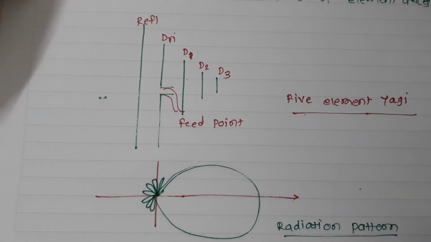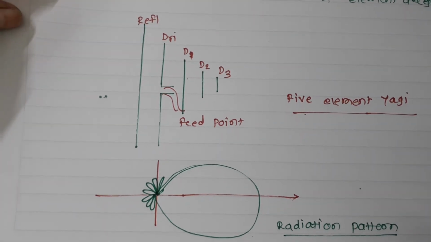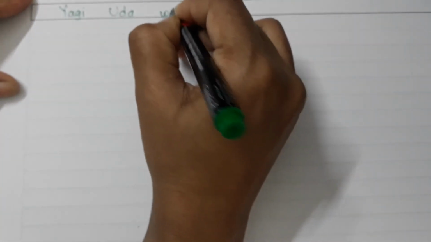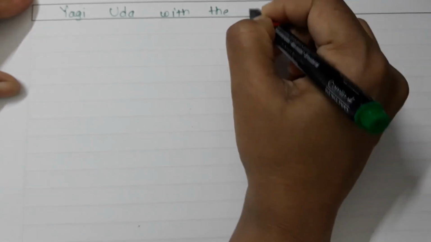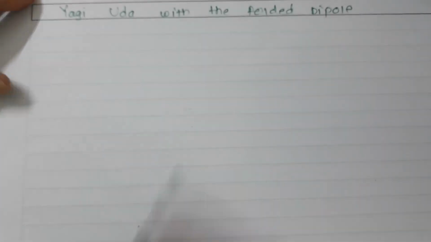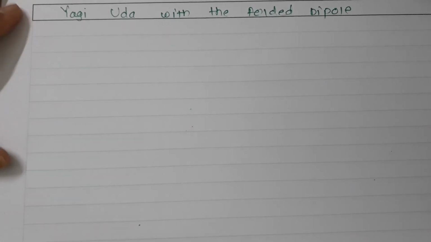Now, the use of a folded dipole in the Yagi Uda antenna. Till now we have seen that all the elements were not folded. So if you fold the antenna here, I can say Yagi Uda with the folded dipole. I can draw this folded dipole.